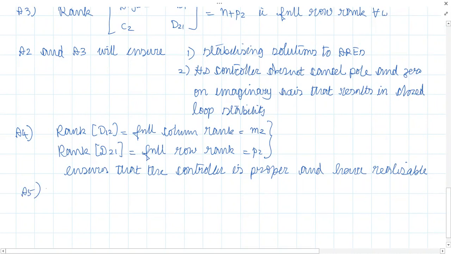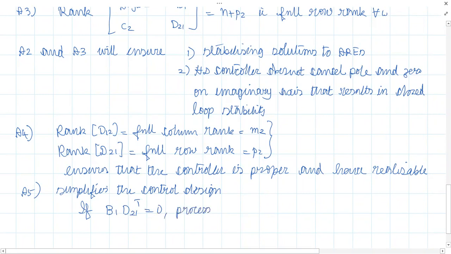Okay. Now, fifth assumption. This is assumed to simplify the control design. If D12 transpose C1 equal to 0 and B1 D21 transpose equal to 0, process noise and measurement noise are uncorrelated.